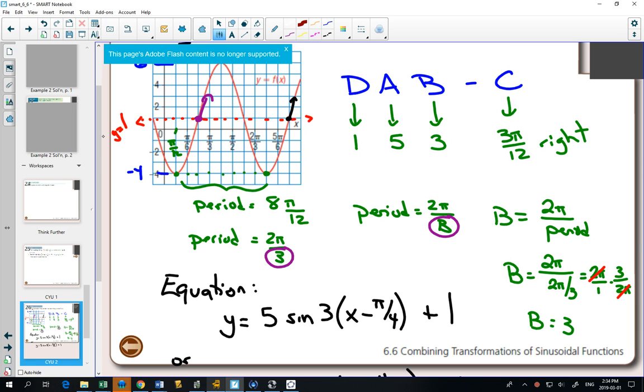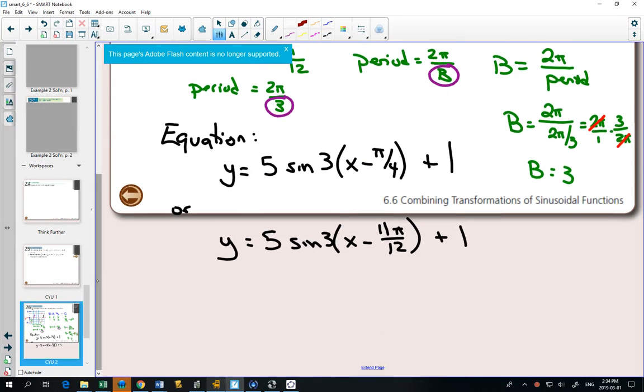What about if I wanted to start here, going down? What would make a sine graph start going down instead of going up? A negative, a reflection over the x-axis, changing your y values to negative. So another possibility is having a negative out in front.